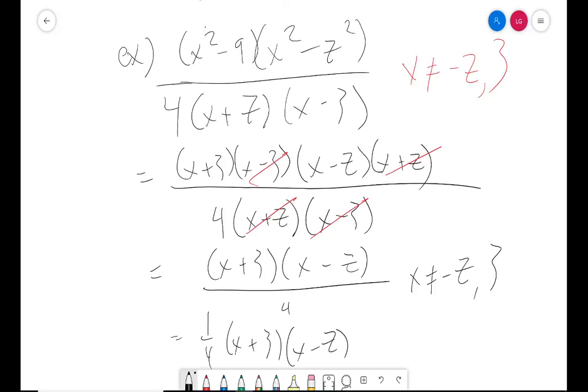Good idea to get yourself onto rock steady ground when it comes to understanding, first of all, that any expression times 1 is just that expression, and secondly, that 1 can take infinitely many different forms of something divided by itself. And that is in essence what we're doing with this simplification.